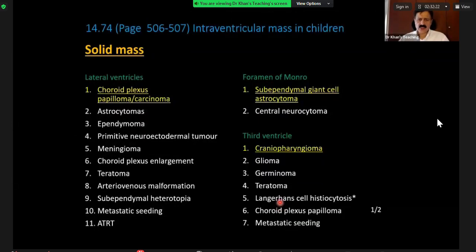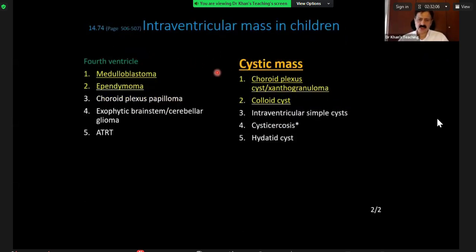So this is from your book. This is in the PEAT section 14.74, intraventricular mass in children. They have divided it into solid mass and then the cystic mass.